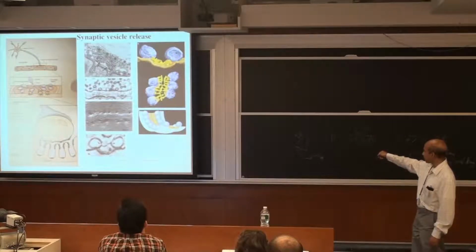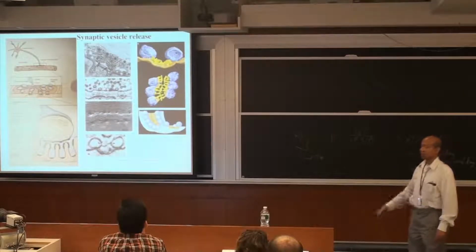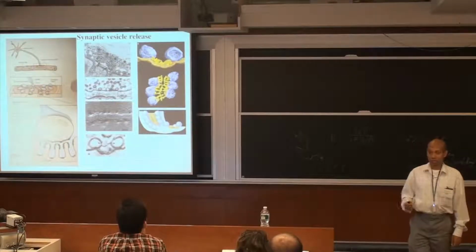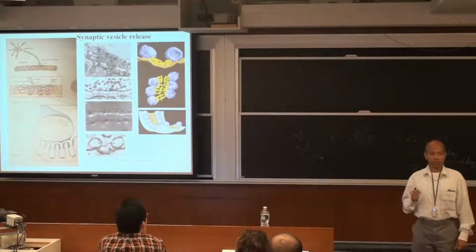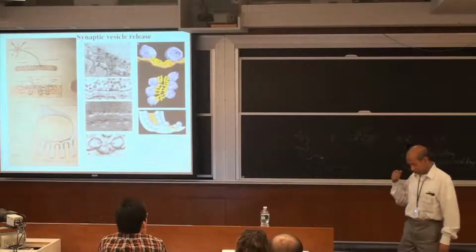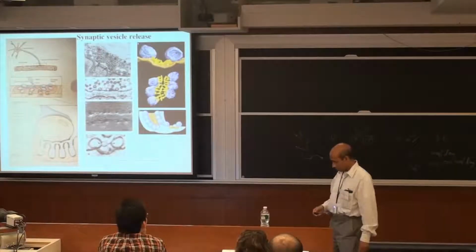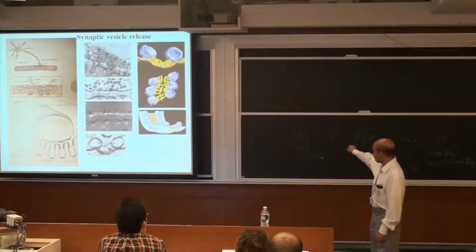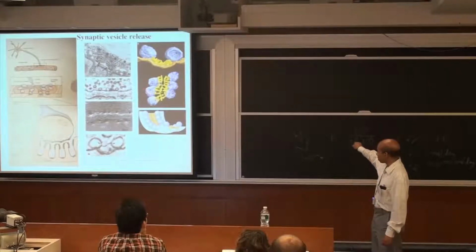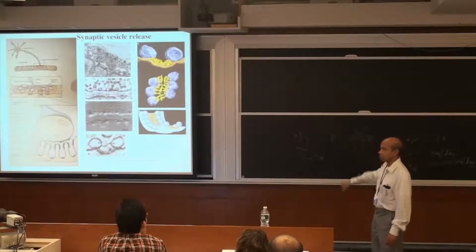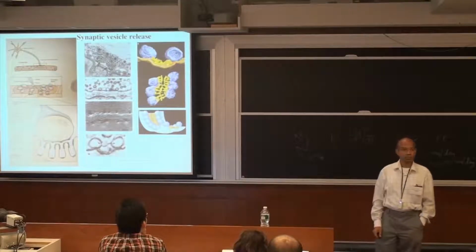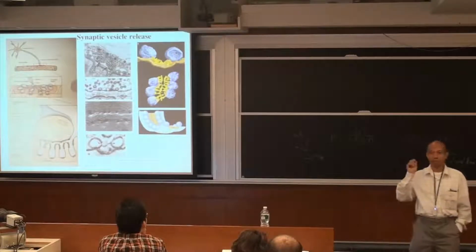At this junction of the presynaptic terminal, it's loaded with a different type of ion channels, called calcium ion channels. When this depolarization pulse comes, a large number of these calcium ion channels open, calcium gets in, and that facilitates the exocytosis process, and release happens. The job of transmission is done.